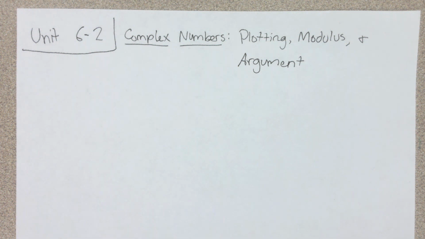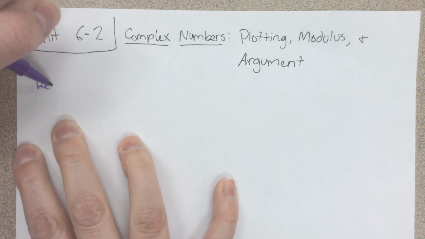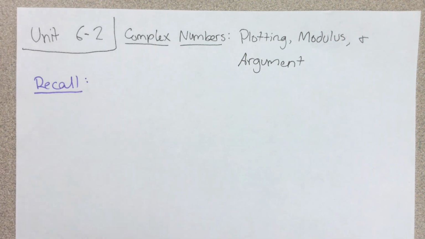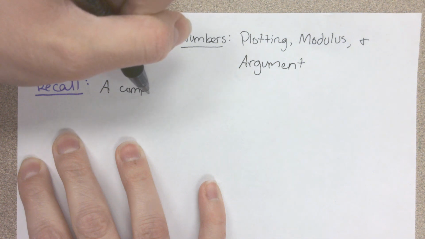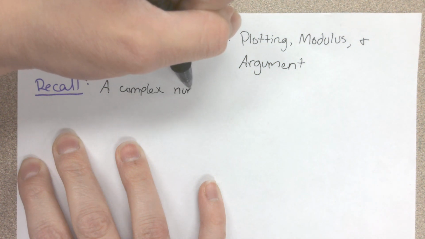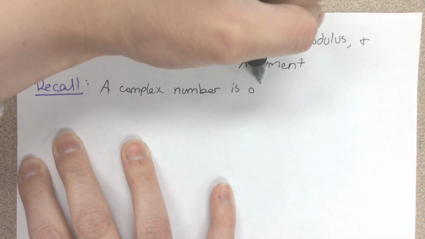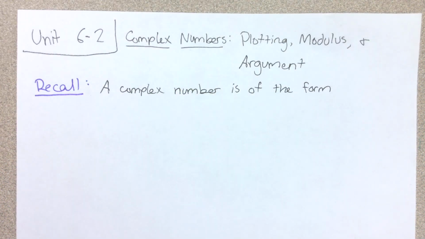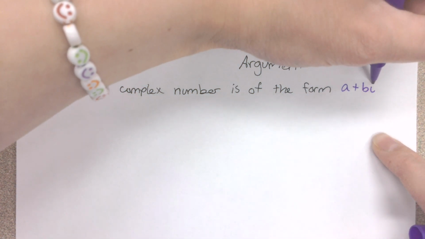Before we jump in, let's remember what a complex number looks like. Recall, a complex number is of the form a plus bi.